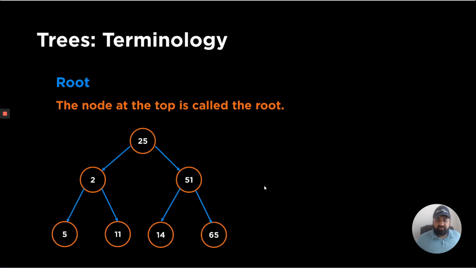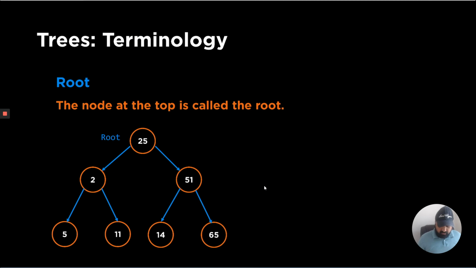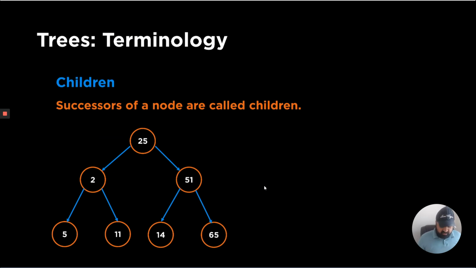The first thing we are going to discuss is the root element. The root is the topmost element in a particular tree, or the node that is at the top is called root, which in this case is 25. The next one is children, which are the successors of a node.